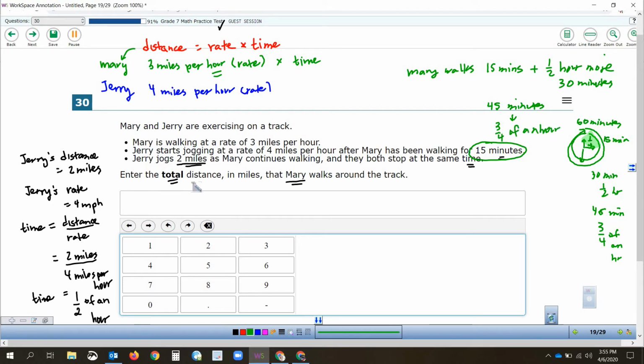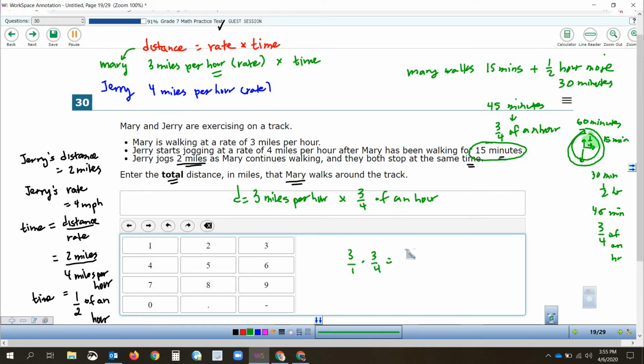So Mary's distance, that's what they're asking us for. Mary's distance again is equal to her rate. So if we're looking at Mary here, D equals her rate. What was her rate? 3 miles per hour times 3/4 of an hour. So we have 3, or 3/1, times 3/4.